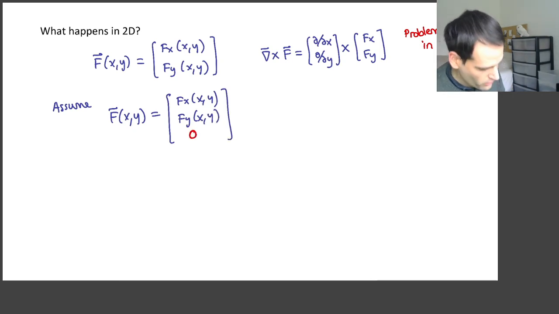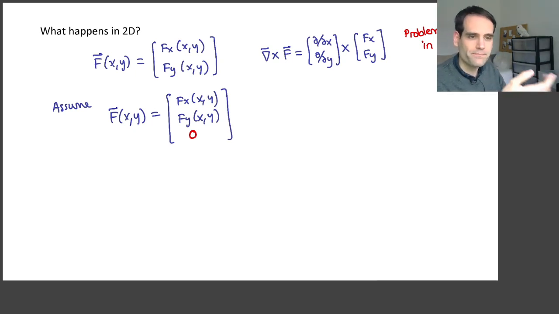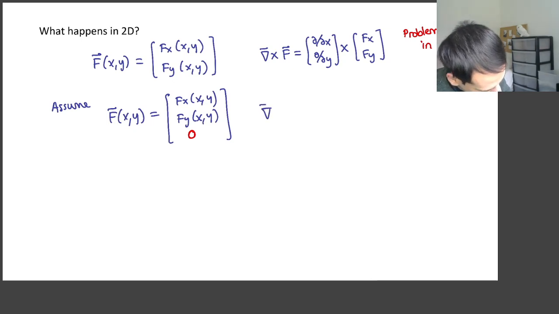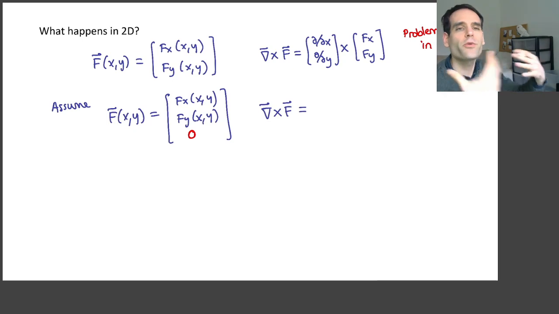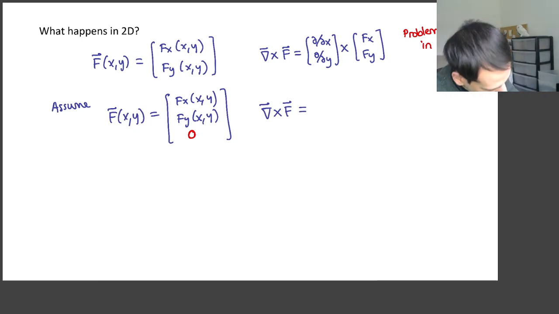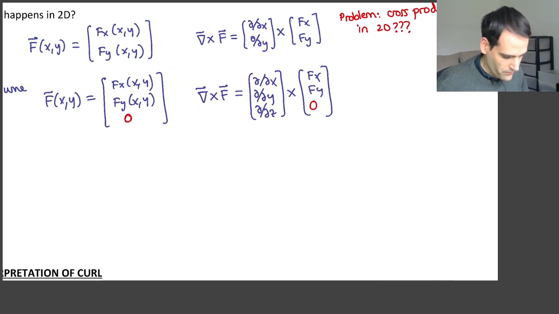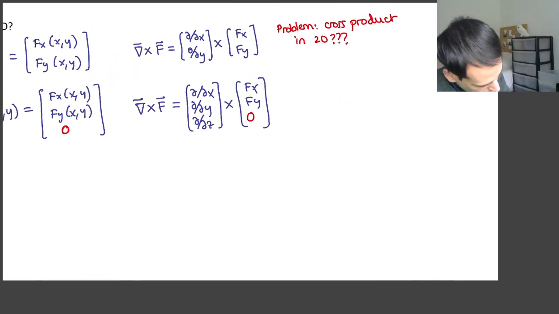Okay, so we can assume this, and therefore if we want to calculate the curl, we calculate it for this 3-dimensional vector field. So we do this operation, and 0. Okay, now if I write the determinant for this, let me write it here.